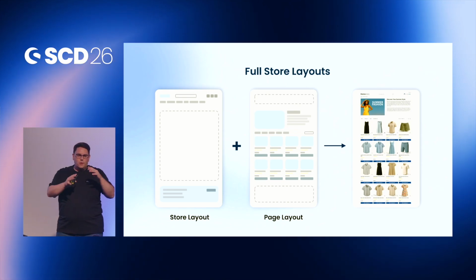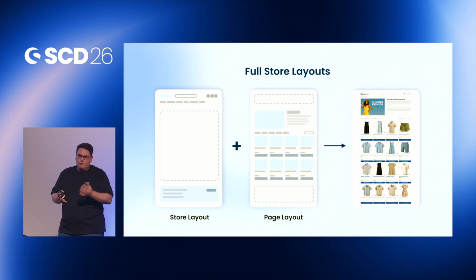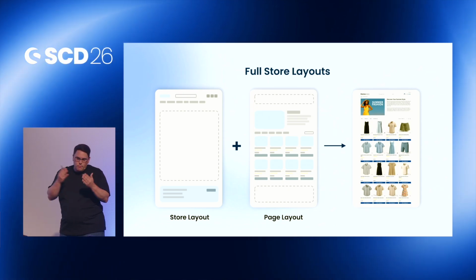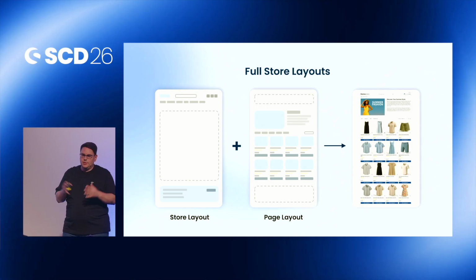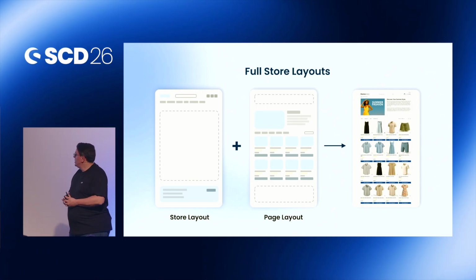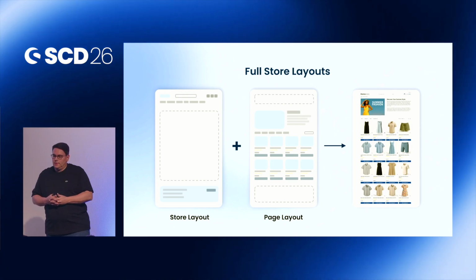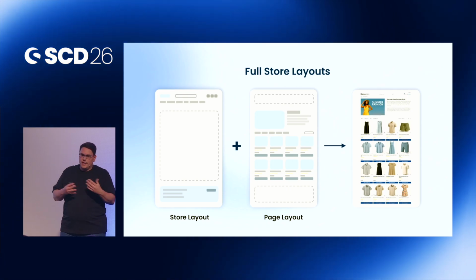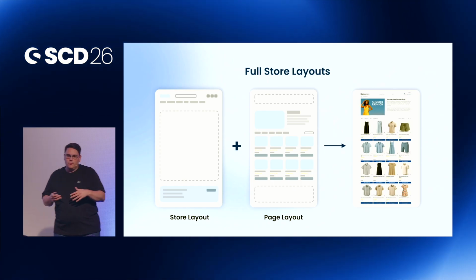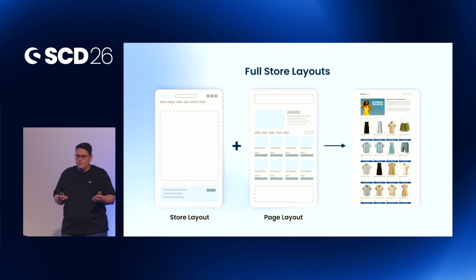You define a store layout for your sales channel, which is the outer frame of the sales channel. Then the inner page template, like a category page or detail page, is loaded into that, which forms in the end the full page layout. And this gives you the opportunity to directly create the whole store experience without code, directly in the administration of Shopware.